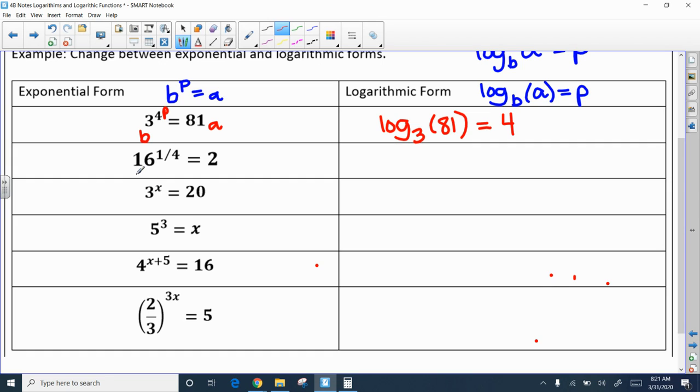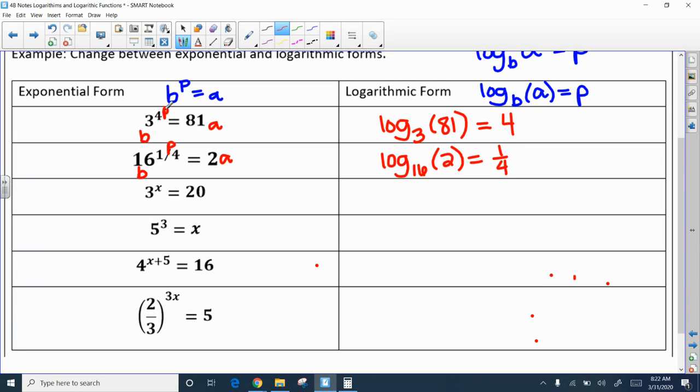All right, let's do the next one. So we have 16 to the 1/4 power equals 2. Same thing, let's label the base. The base is 16. The power is 1/4, and it's equal to a, which is 2. So when we switch to logarithmic form, it's going to be log base b, so log base 16 of a, so of 2, equals 1/4, which is p.